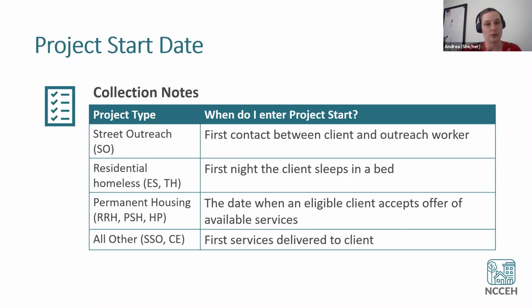So it's really this kind of triple whammy of like, are they eligible? Do they agree? And do you actually have services available? So that's not just someone being on a wait list. That's when the services are available. And then for supportive services or CE projects, this is about the first delivery of services.